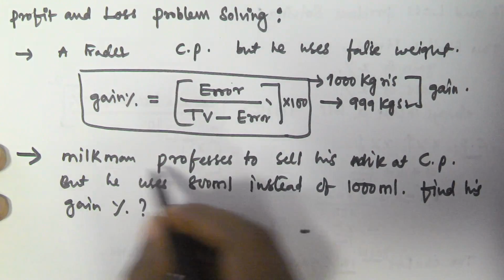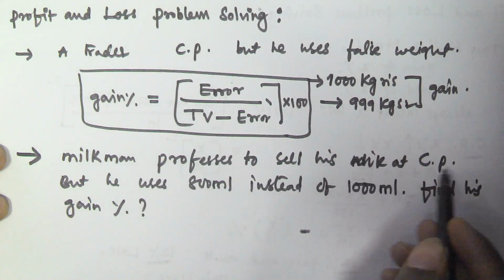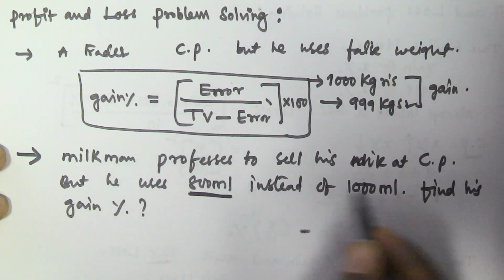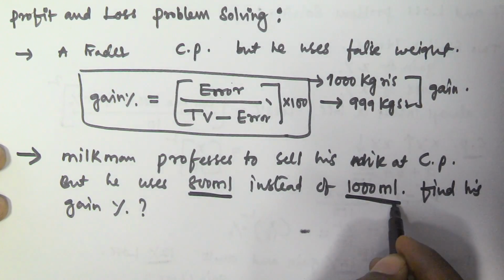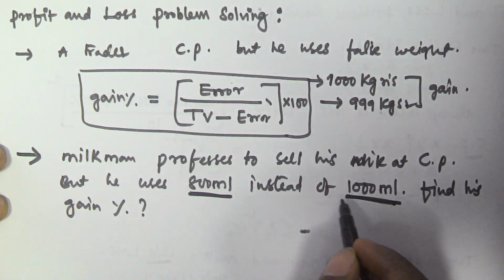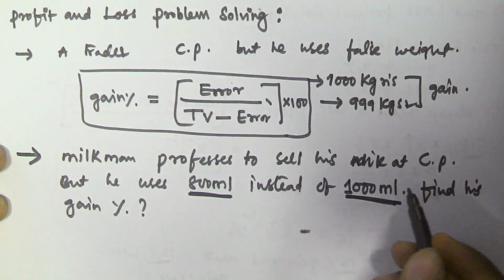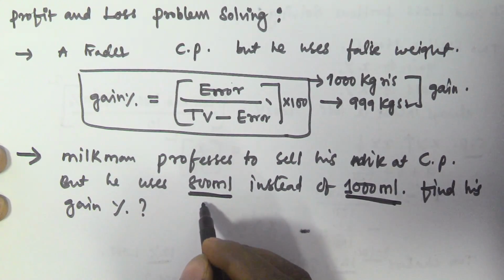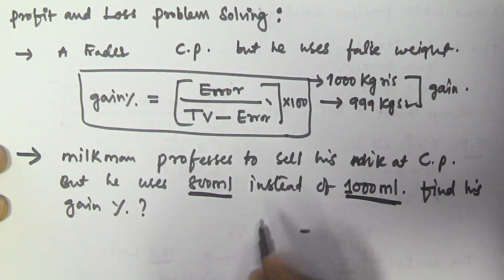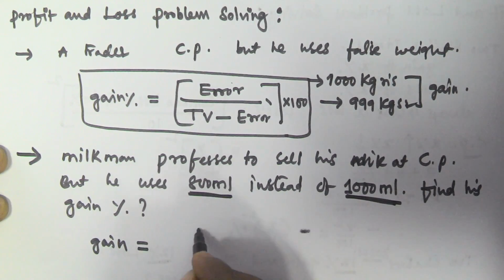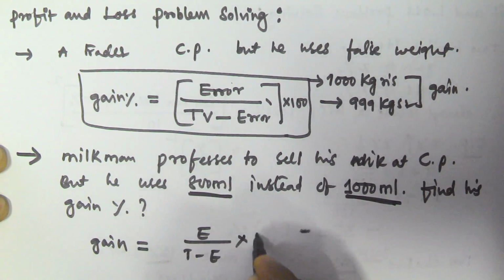So a milkman professes to sell his milk at a certain cost price, but he uses 800 ml instead of 1000 ml. He tells the customer he is giving 1000 ml, but actually he is giving only 800 ml. So obviously he is going to get the gain. The gain percentage is given by error by true value minus error into 100.